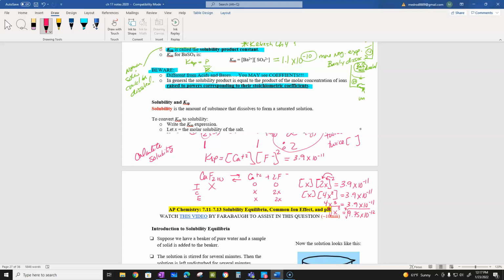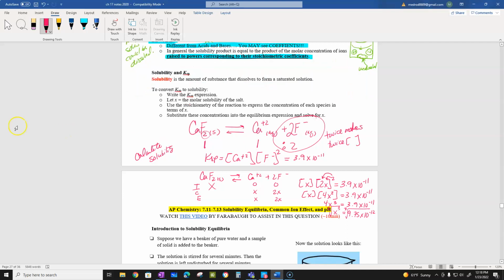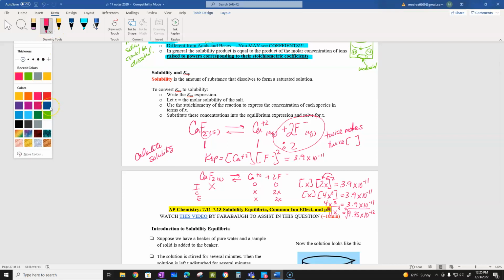Now usually, ladies and gentlemen, for those of you that have graphing calculators, you should have a button called Math.